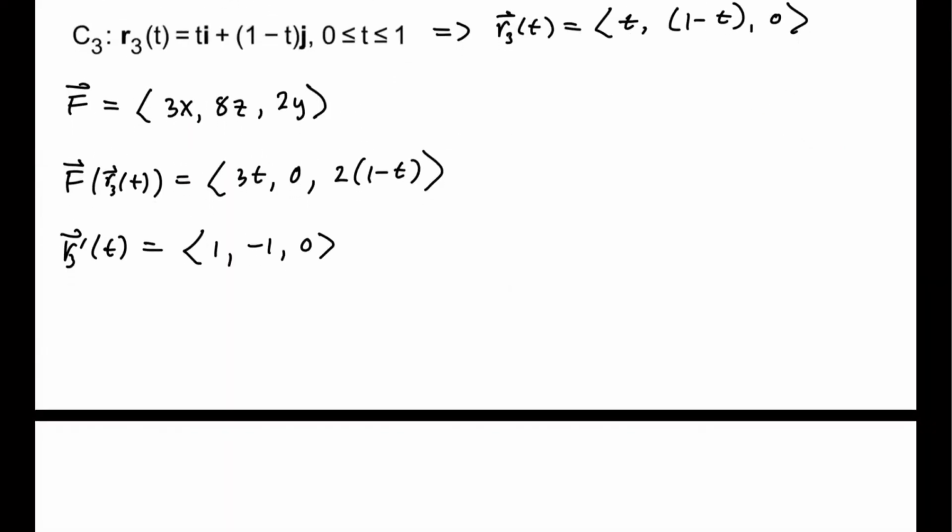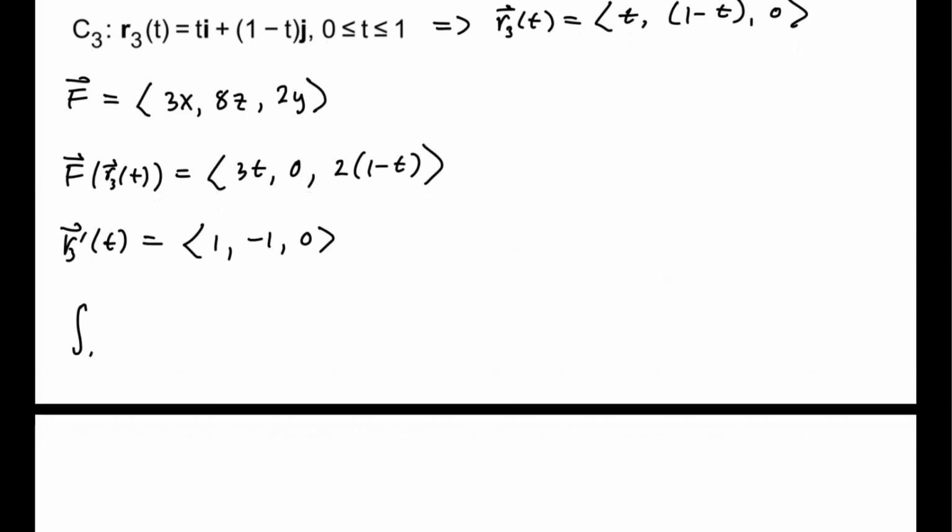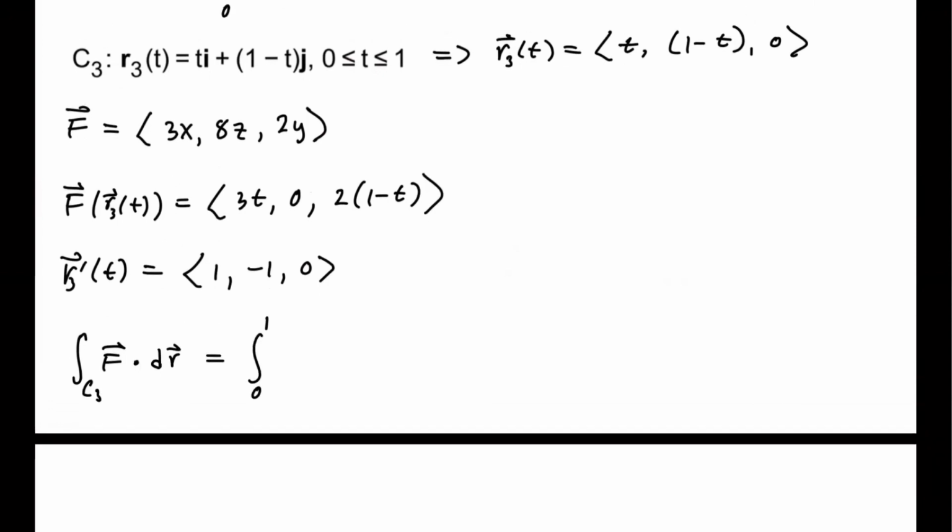And now we do the dot product. The line integral along C3 of f dotted with dr is equal to the integral from 0 to 1, because those are the values for t, of f of r of t, this component right here, dotted with r prime of t. Hopefully you got the idea how we're doing this.